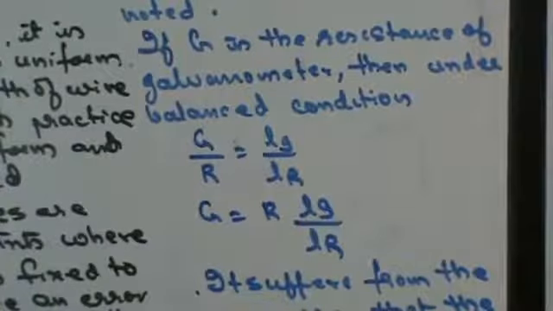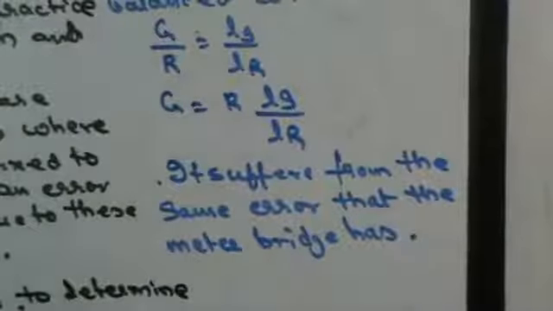That is, the wire will be not of uniform length, that is your meter bridge wire, and there will be resistance at the point of contact.